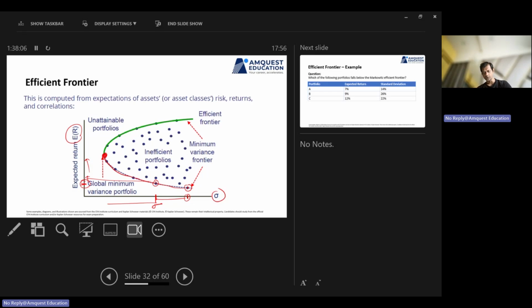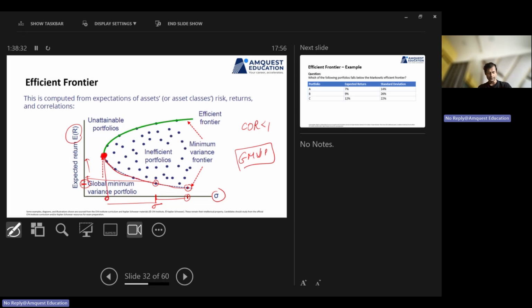This is because I told you, if your correlation is less than 1, your risk will always go down. Now this will keep happening till a point where your risk is the minimum. That is called the global minimum variance portfolio, GMVP. Meaning, at that point, your overall variance is the lowest.